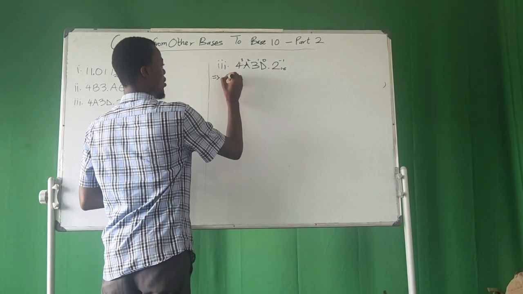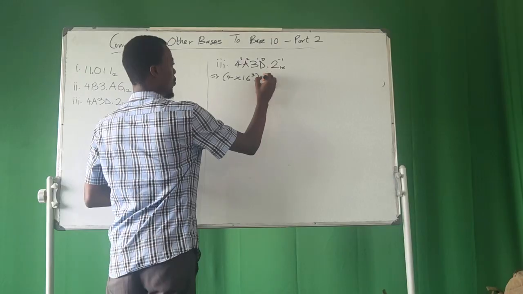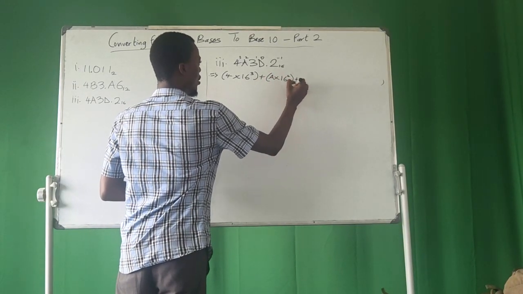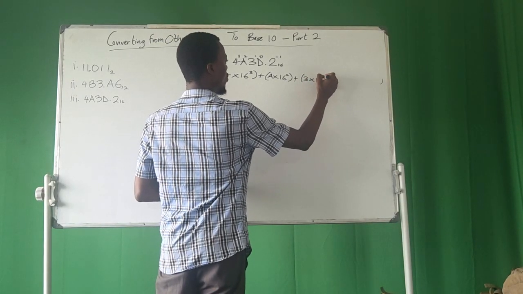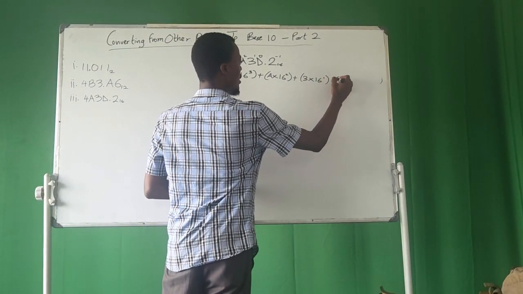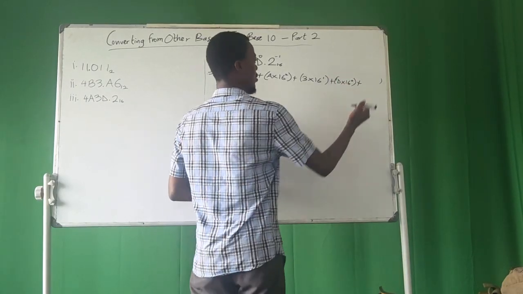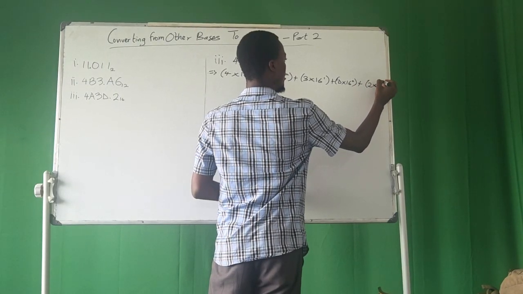So now we have 4 times 16 exponent 3, plus A times 16 exponent 2, plus 3 times 16 exponent 1, plus D times 16 exponent 0, plus 2 times 16 exponent minus 1.